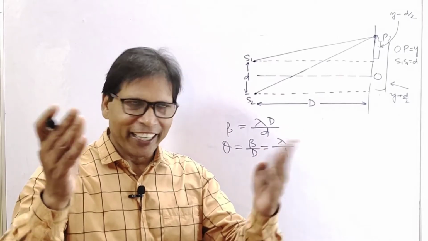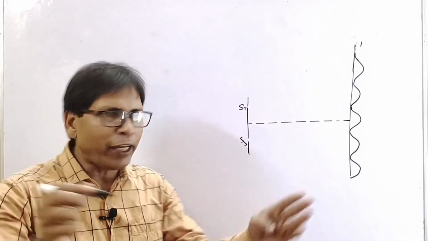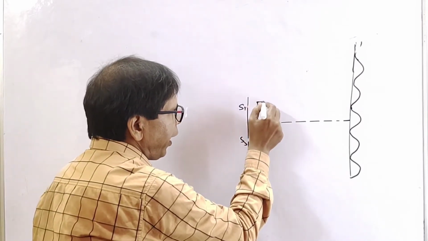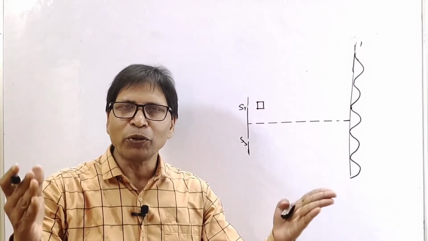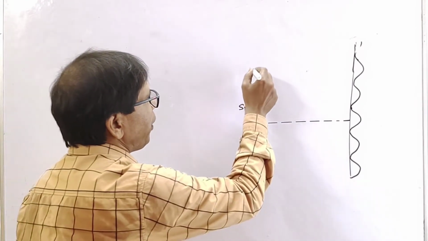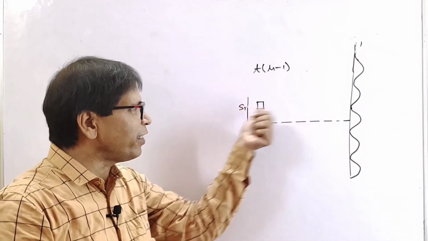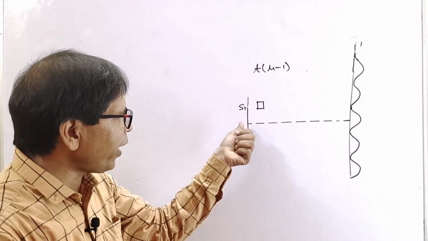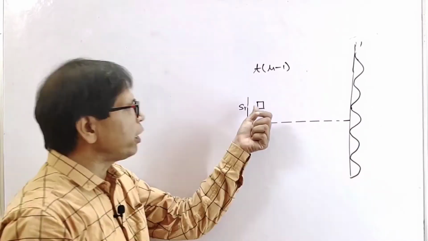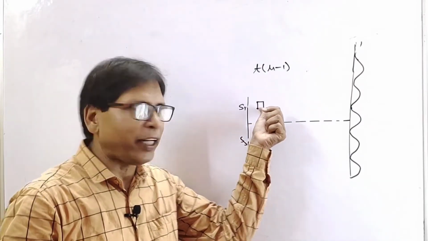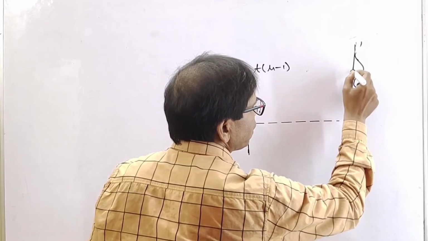Now next. If a thin transparent slab of thickness t and refractive index mu is placed in front of a source, then an additional path difference t into (mu minus 1) occurs in this path. So zero path difference does not occur at the center of the screen. Due to this additional path difference, the central fringe shifts to this position.